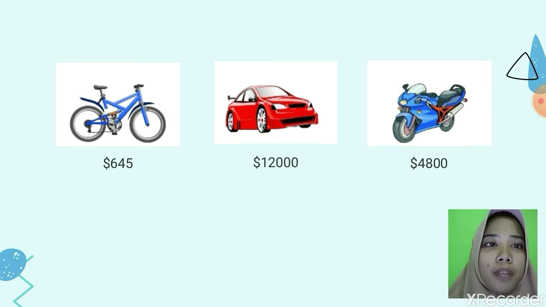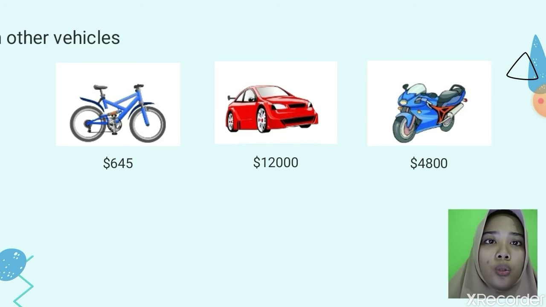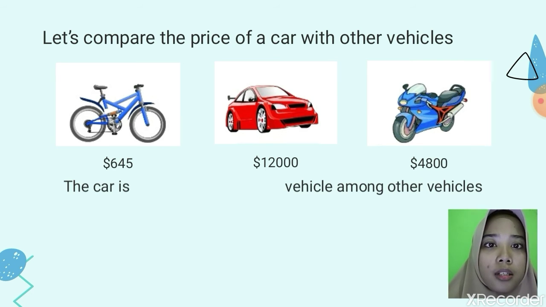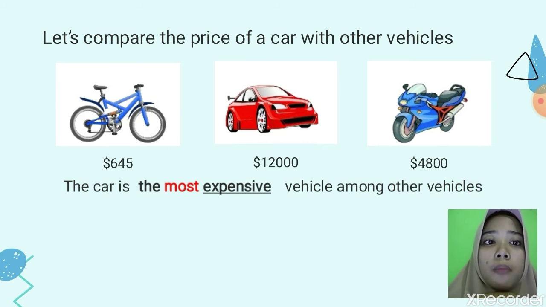Alright, let's move on. So the next slideshow, we can see three vehicles here, and I would like you to compare the price of a car with other vehicles. So the sentence is, the car is blah blah blah vehicle among other vehicles, and we can say that the car is the most expensive vehicle among other vehicles.